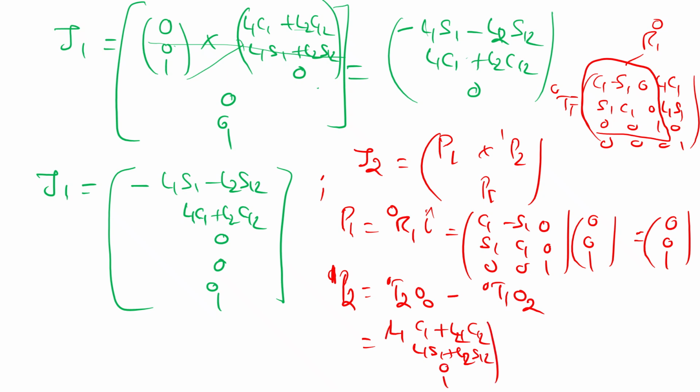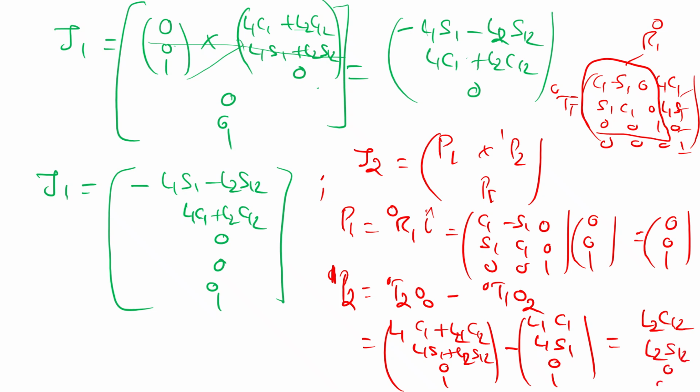And T10 multiplied by O2 gives the last column. What is the last column? L1 C1, L1 S1 and 0 and 1. If you subtract this, this term will be cancelled. So you will have L2 C12, and if you subtract this, you will have L2 S12. Then 0 and 0. So this is my P21.